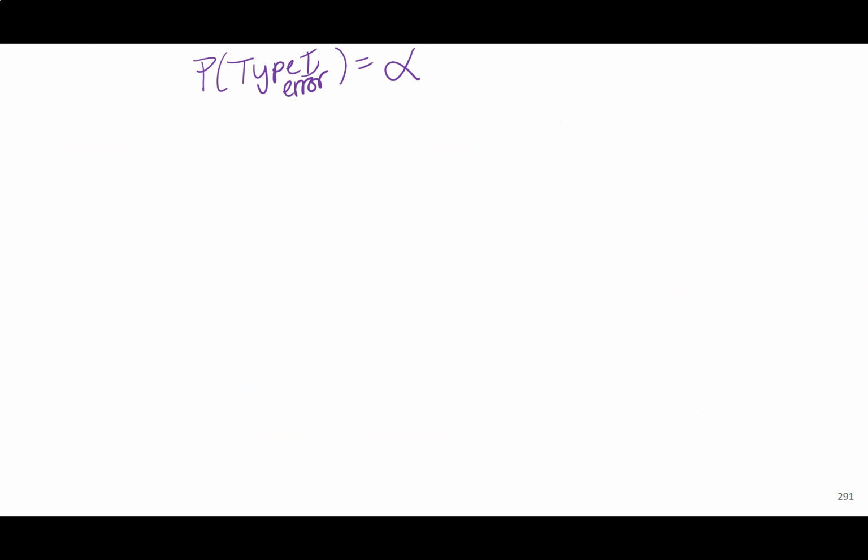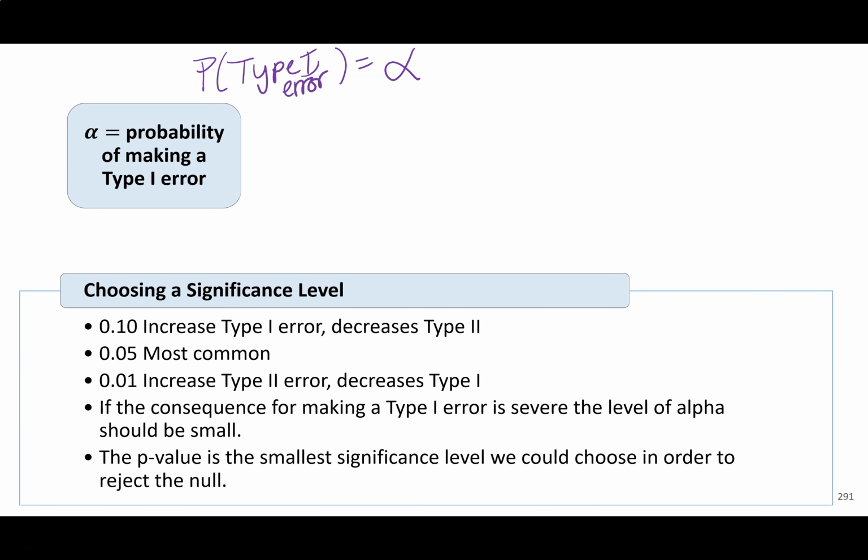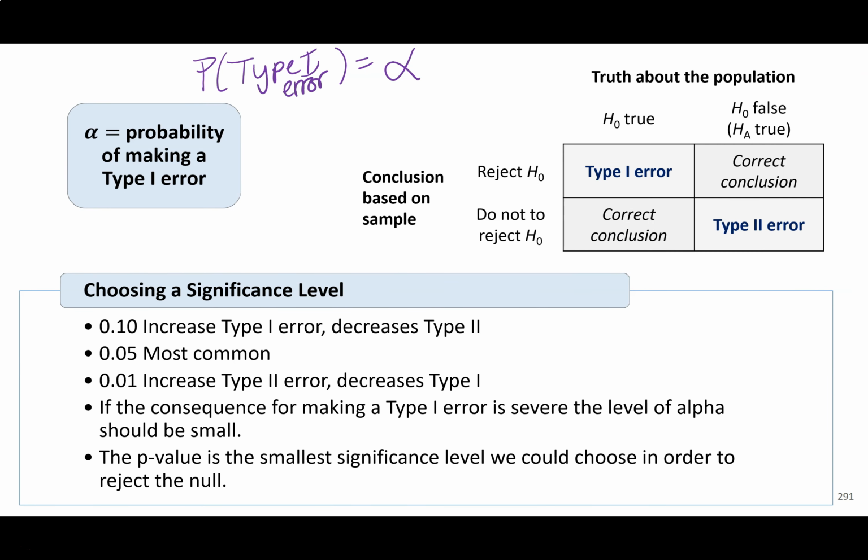So keep that in mind. It totally depends on which one's worse, where you want alpha to be. And just a reminder, you reject if your p-value is less than or equal to that significance level.